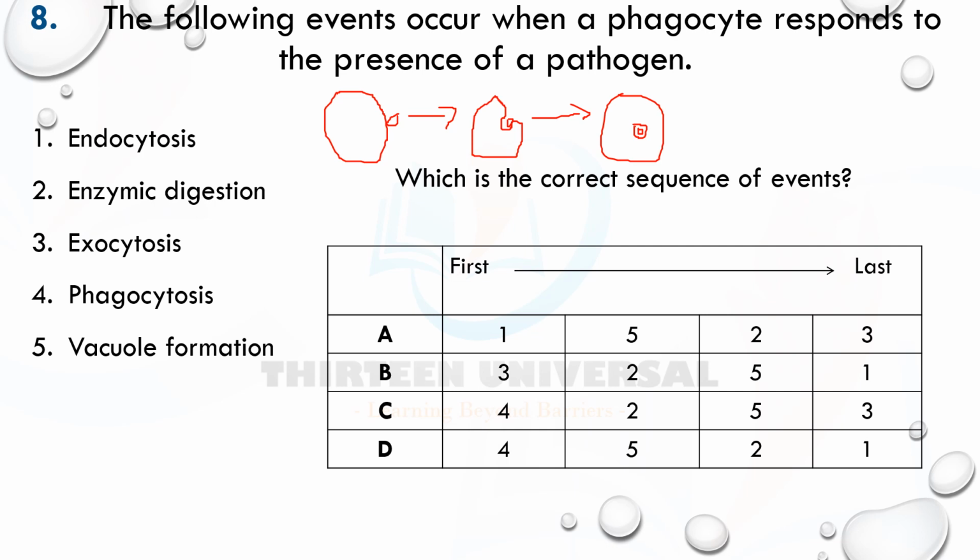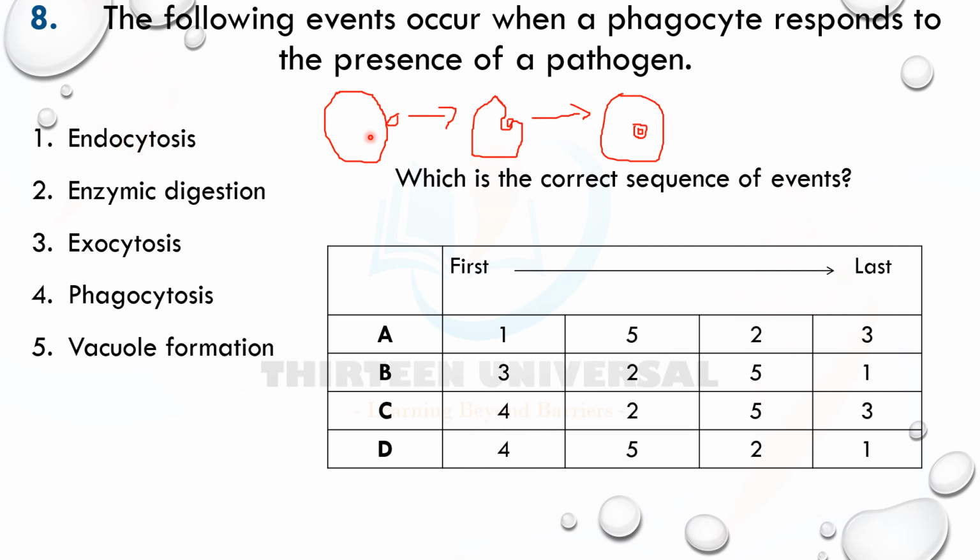Lysosomes will fuse with this and release enzymes, and the enzymes will digest the bacteria. Peptidase breaks the peptide bonds and digests protein. Lipase breaks down lipids. Lysozyme breaks down peptidoglycan, and nuclease breaks down nucleic acids. So the first thing that happens is endocytosis.